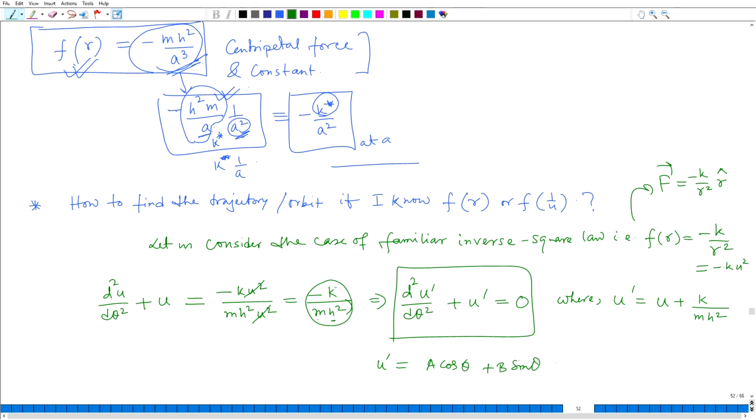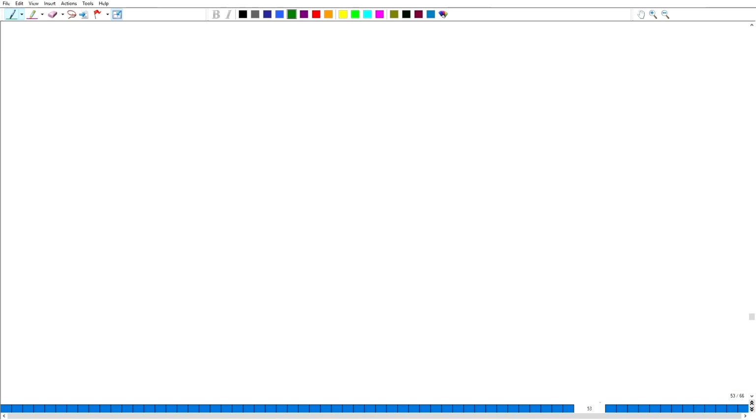Then I know also that u plus k by m h square is equal to a cos theta plus b sin theta. Then you also know that this u is equal to minus k by m h square plus c cos theta minus theta 0.